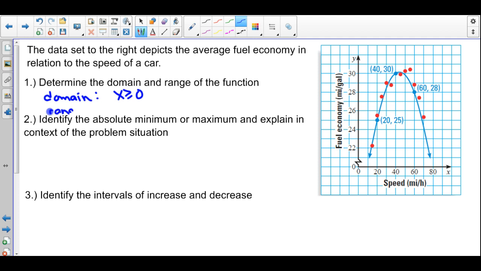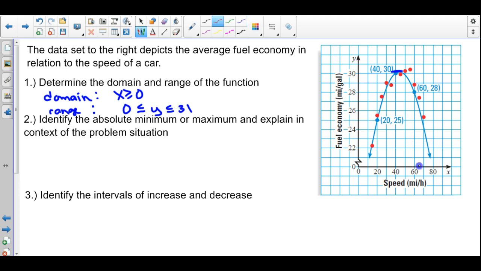The range values. Notice that we hit this point up here at the very tippy top of the graph. We are going to call that a maximum value, and we know that our y's are never going to get higher than that value. So our y's, the fuel economy, are never going to be above that value, and they're never going to be below 0. So I'm going to say 0 is less than or equal to y is less than or equal to 31.